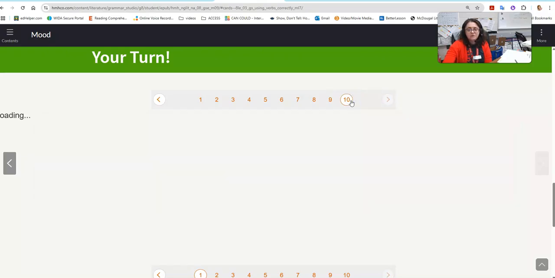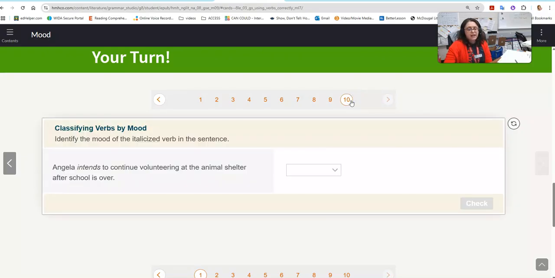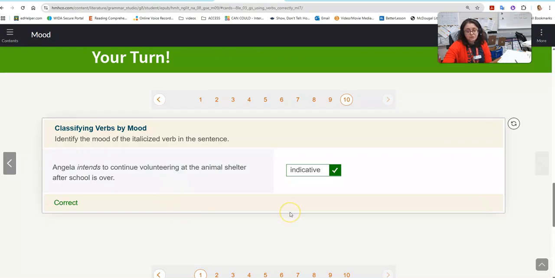Next, number 10. Angela intends to continue volunteering at the animal shelter after school is over. Now, intends means Angela wants to do this. So I think whoever's saying this is stating a fact. So if you chose indicative, you chose correctly.